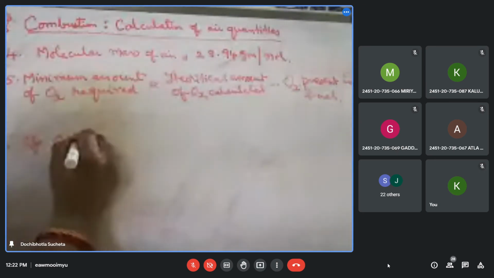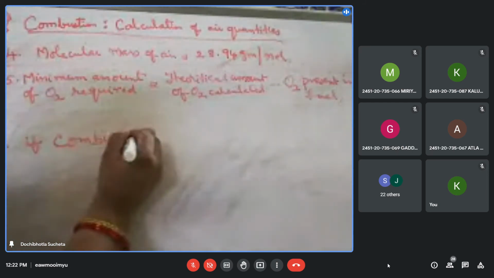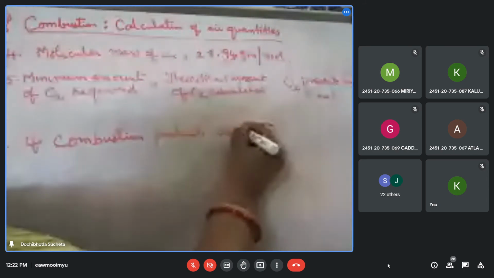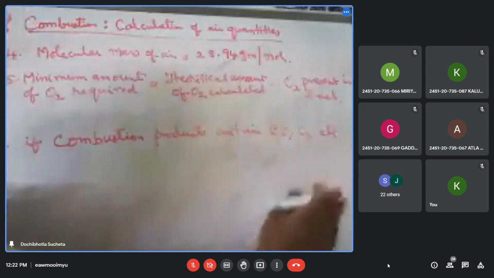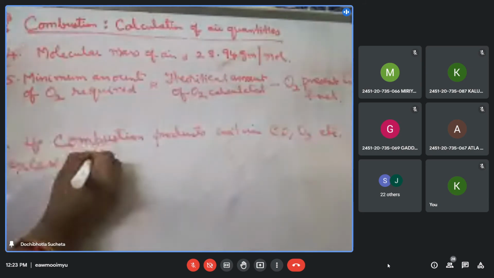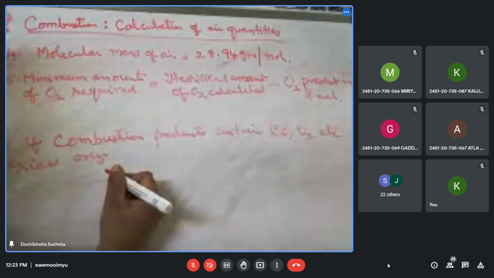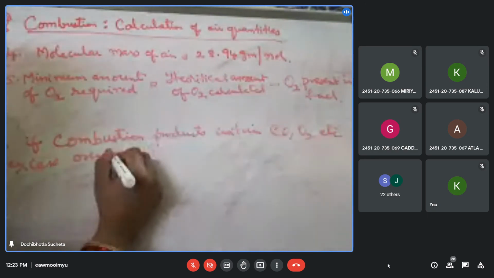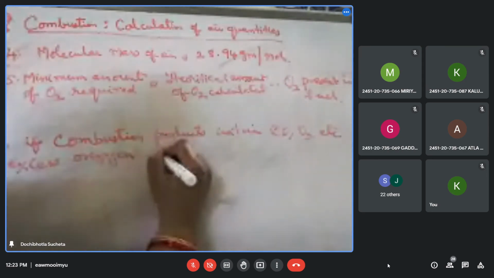If combustion products, this is important, contain carbon monoxide, O2, etc., excess oxygen should be considered.